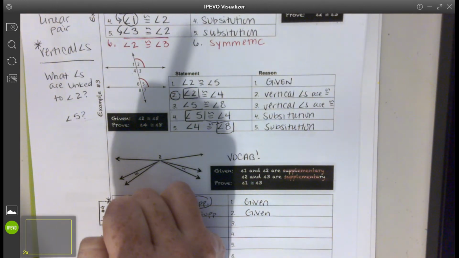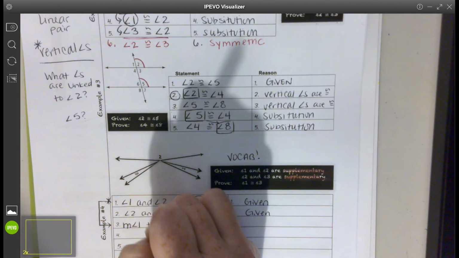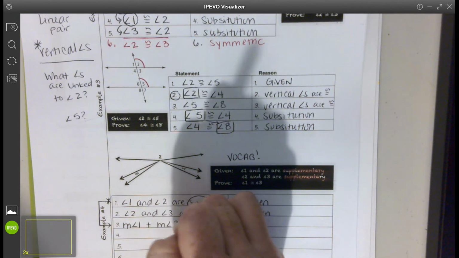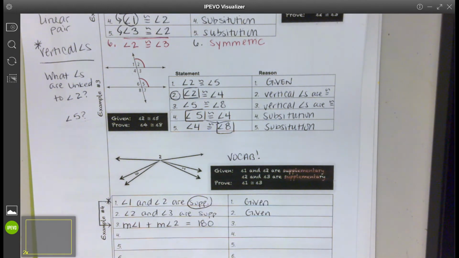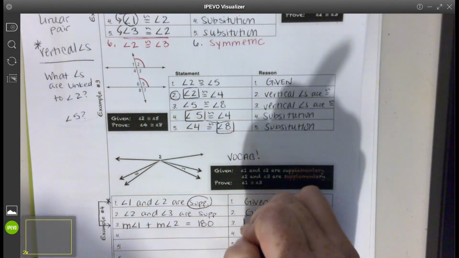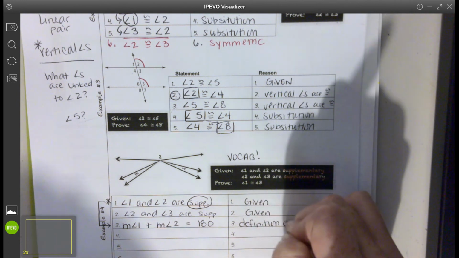I'm going to write the measure of angle 1 plus the measure of angle 2 equals 180 degrees. Again, you told me that supplementary is 180 degrees. We can come up with that equation, and we did just that. We're showing it. And the reason we can write that is because we defined our vocabulary. So we're going to be specific. Definition of supplementary.